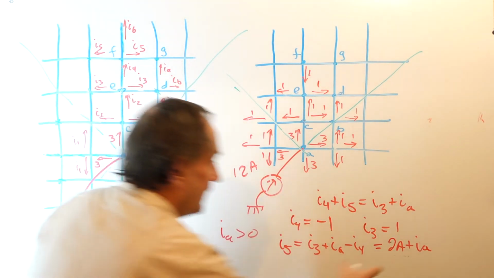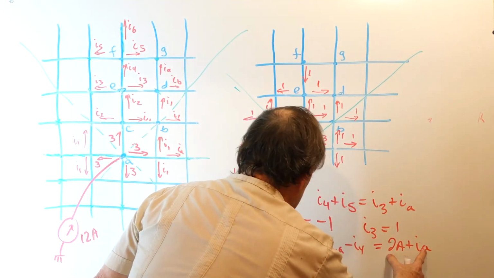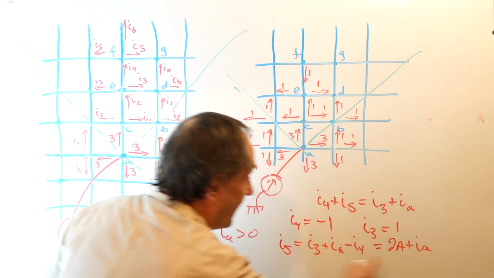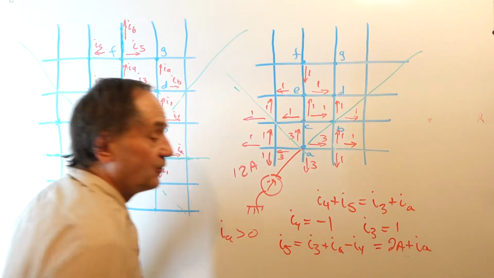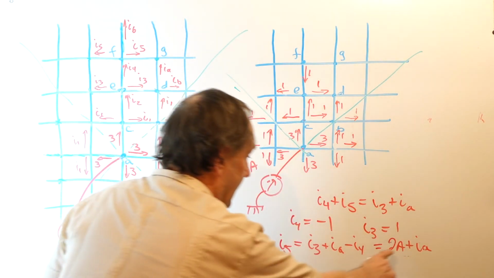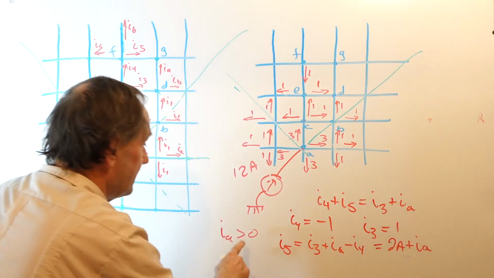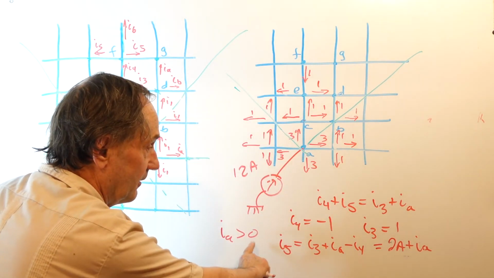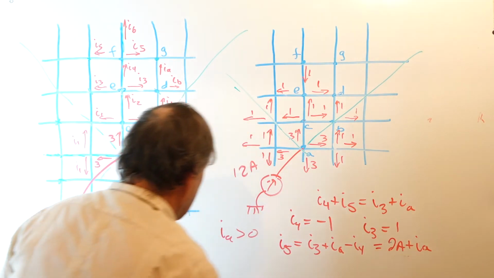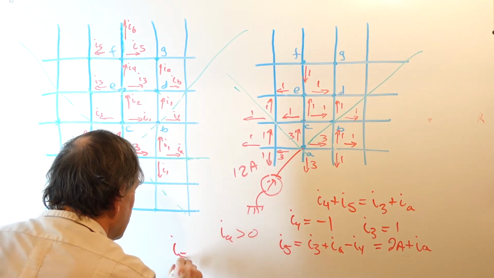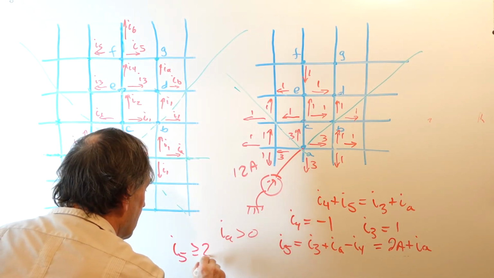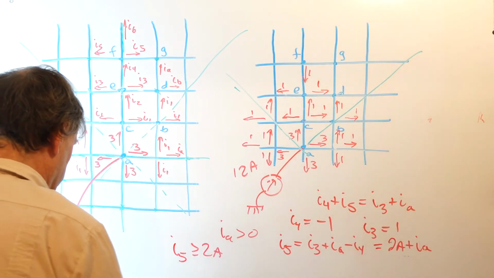Well, if we want IA to be positive, then obviously I5 is going to be greater than 2 amps. It has to at least be 2 amps. And then if IA is going to be greater than or equal to 0, I5 is going to have to be greater than or equal to 2 amperes.